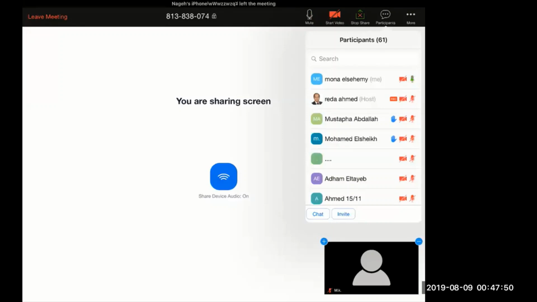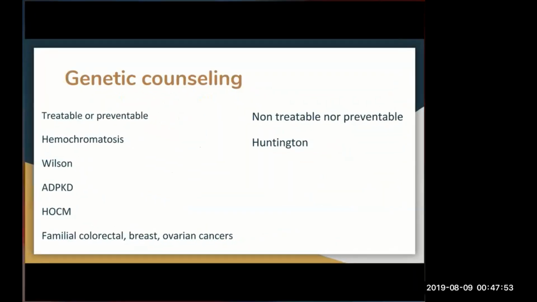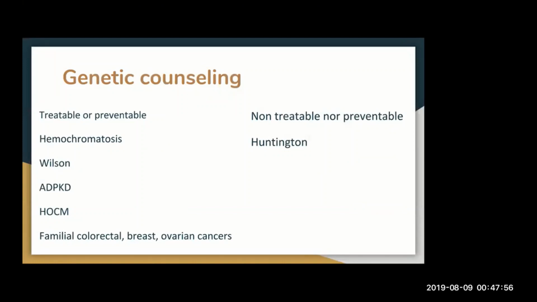So I'm going to move to the next part, which is genetic counseling. In genetic counseling, actually, it is a very common scenario coming in the exam with a lot of debate. First of all, you have to know, is the illness treatable or preventable or not? We can classify treatable or preventable diseases in one category, like primary hemochromatosis, Wilson's disease, autosomal dominant polycystic kidney disease, HOCM, familial colorectal cancer, familial breast cancer or ovarian cancers.